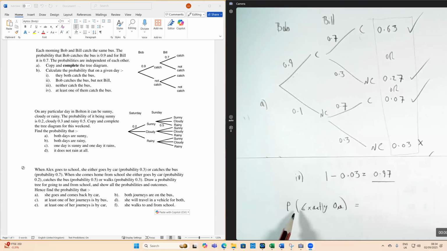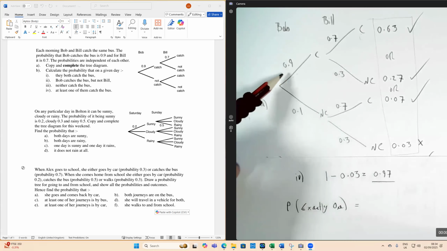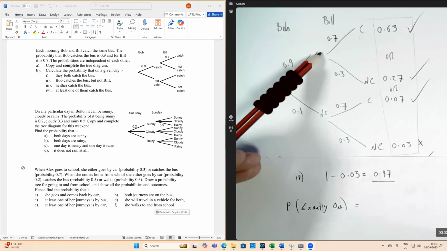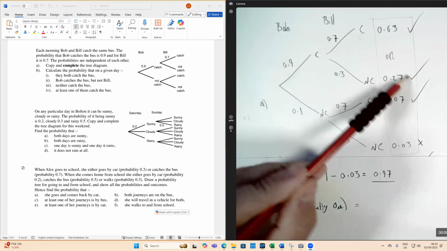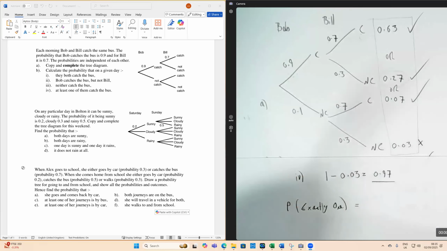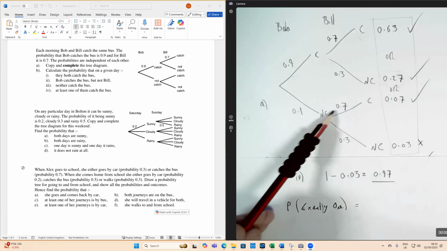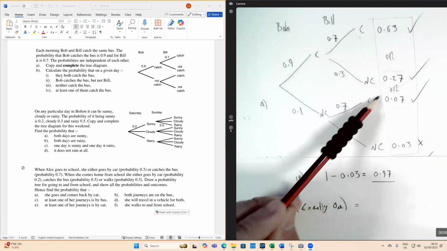Well, the way that we're going to work that out is, let's think about it. Exactly one means maybe Bob catches it, but Bill misses it. So that would be this branch. Or it might be that Bob misses the bus and Bill catches it, which is that branch.